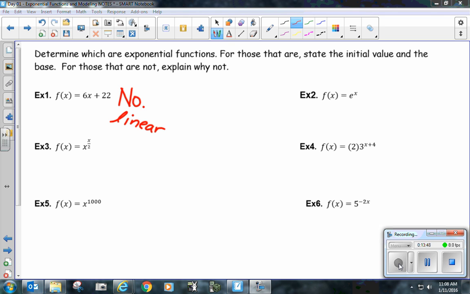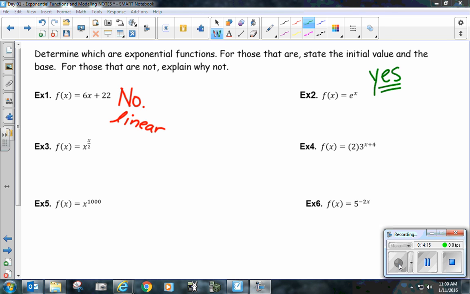Number 2. I think it is. You think it is? I'm hearing no's. Anybody else? Yep, just the base. Look at 2. Oh, that is.